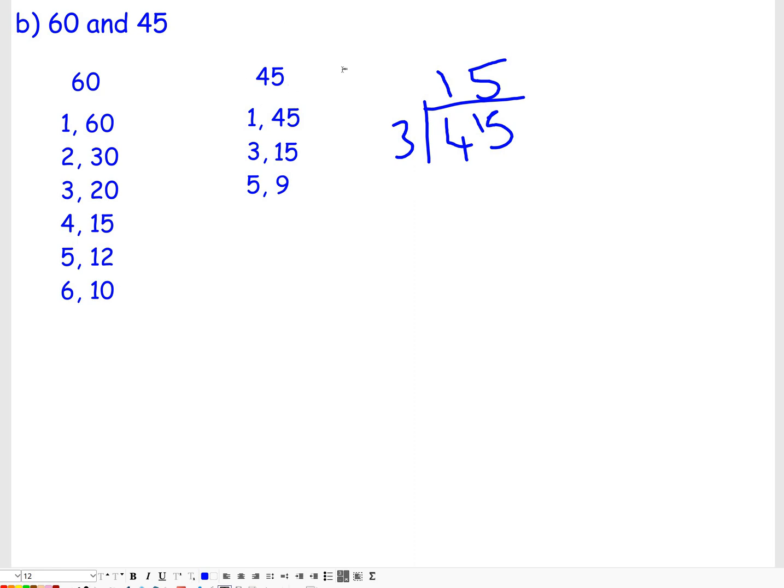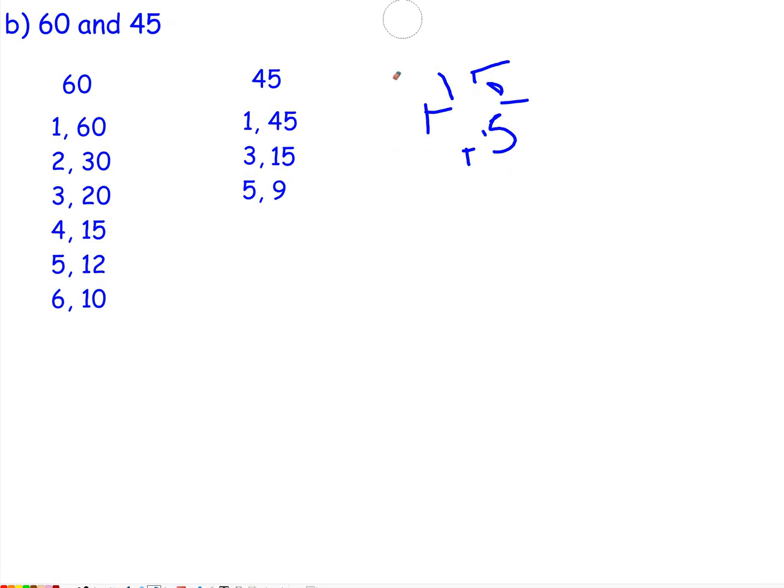Does 7 go in? No, again, it's not in the 7 times table. That's a quick way to check. 8. Well, if 2 and 4 haven't gone in, 8 is not going to be able to divide into 45. And then 9. Does 9 go in? Yes, it does. And it's already in our list here, which means we've found all of the factors.